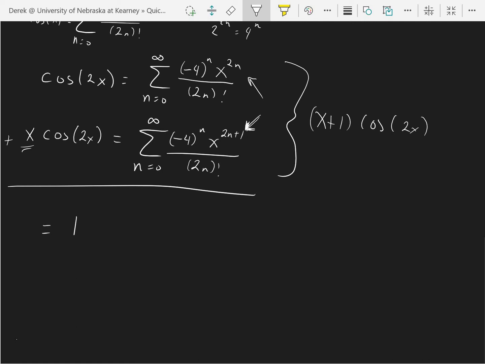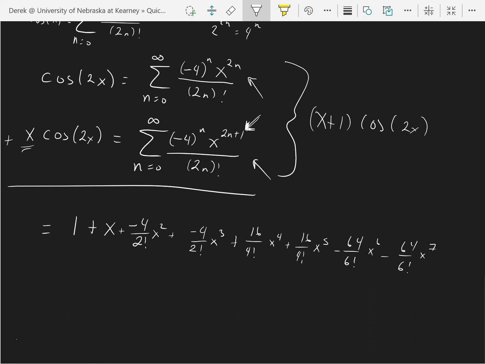And then when n equals 0 on the bottom one, I'll have an x, and then when n equals 1 in the top, I have a minus 4 over 2 factorial x squared, and I get the same coefficient in the bottom, so plus a negative 4 over 2 factorial x cubed, and then a plus 16 over 4 factorial x to the 4th, and a 16 over 4 factorial x to the 5th, and then a minus 64 over 6 factorial x to the 6th, minus 64 over 6 factorial x to the 7th, and so on.